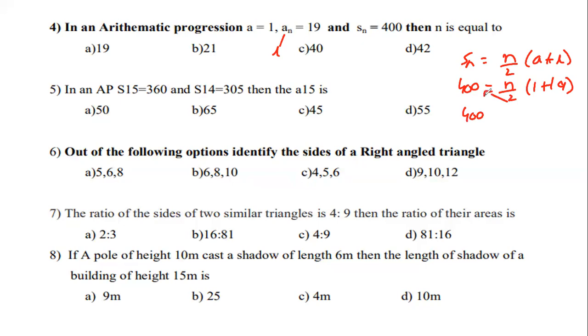Cross multiply: the numerator is n into 19 plus 1, which is 20. Now cancel: 20 into 20 is 400, so n is equal to 40.